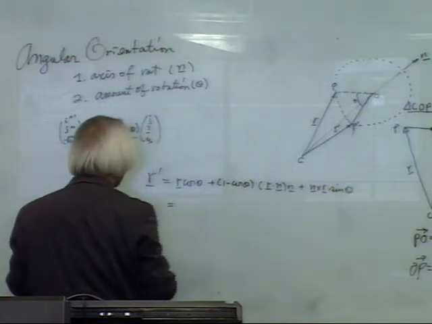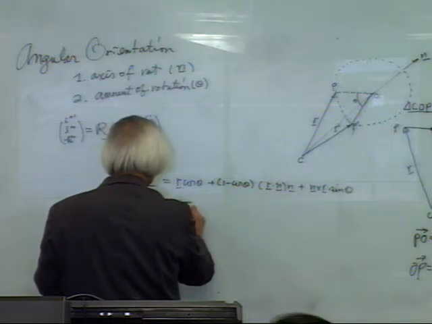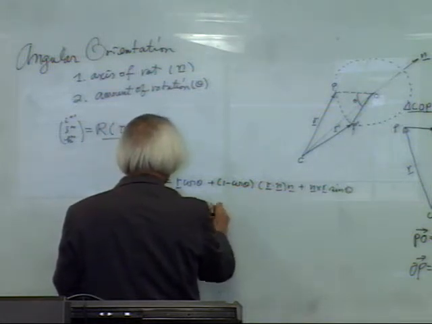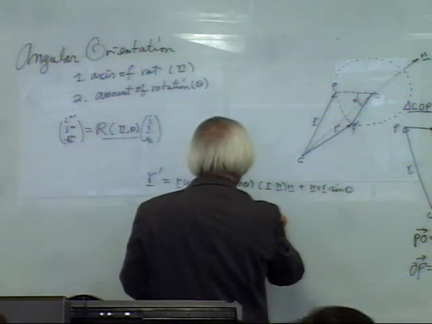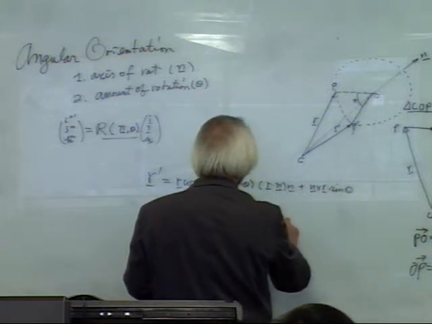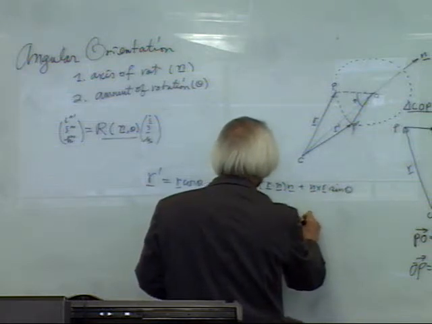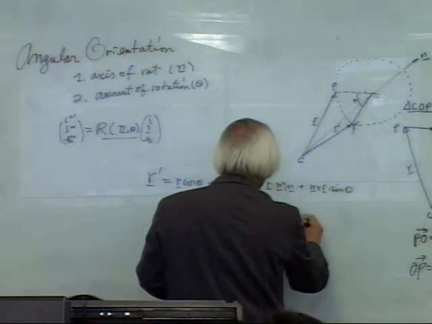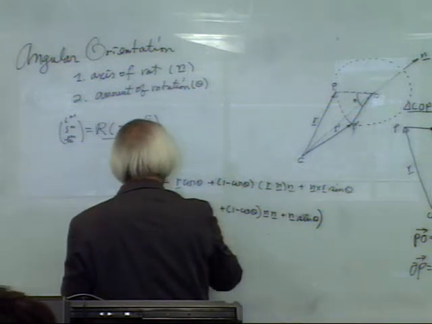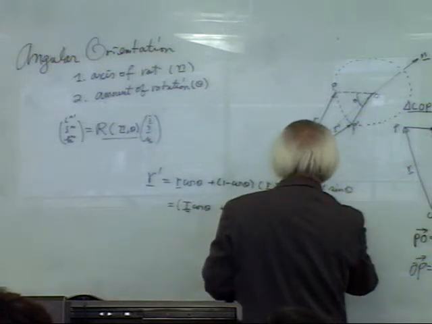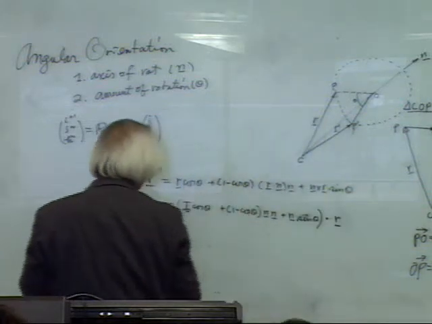That we can write in the following way. Identity dyadic cosine theta plus 1 minus cosine theta, N dyadic N, plus sine theta N cross dyadic. We can write it this way.